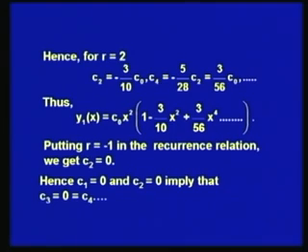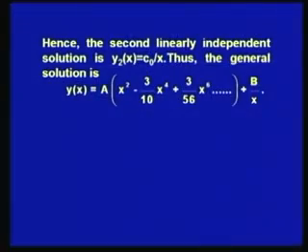So, in the case of r equal to minus 1, both C1 and C2 are zeros, and thus C3, C4, C5, C6 all are zeros, and so we get the second solution of the differential equation, y2(x), as C naught over x for r equal to minus 1. Thus we can write the general solution of the differential equation as y(x) equal to a times (x squared minus 3 over 10 x to the power 4 plus 3 over 56 x to the power 6 and so on) plus b over x. You can see that both the solutions y1(x) and y2(x) are clearly linearly independent.